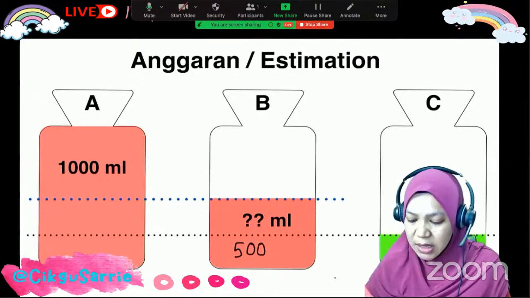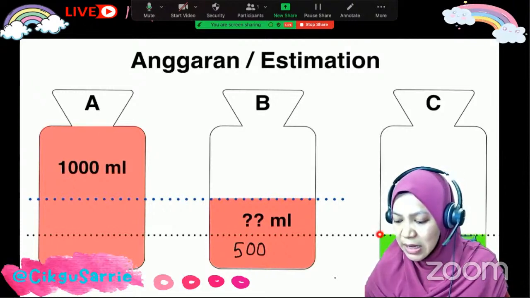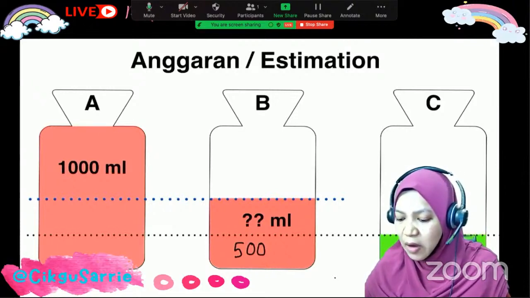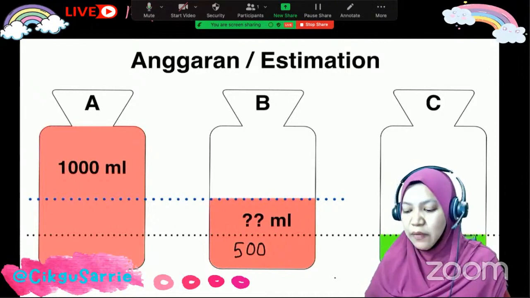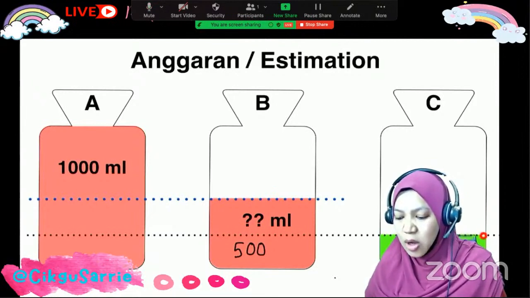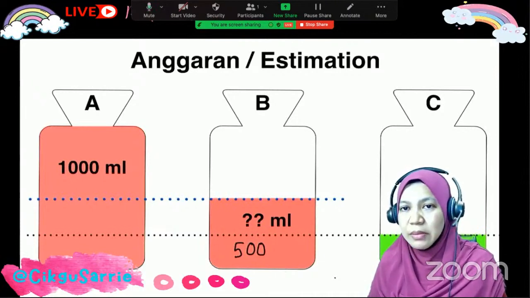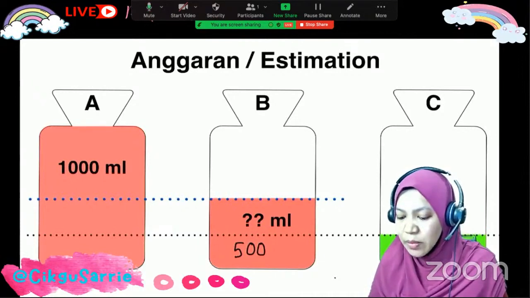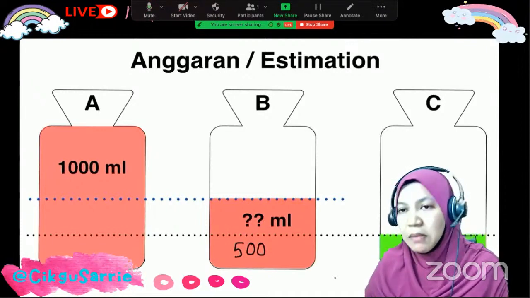If you can see here, the volume of tank C is about half of the volume of tank B. So we can say that this level of water in tank C is half of the water in tank B. It means that the volume is about 250 milliliter.